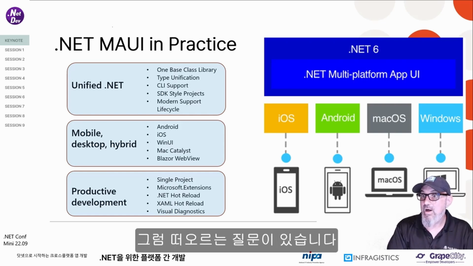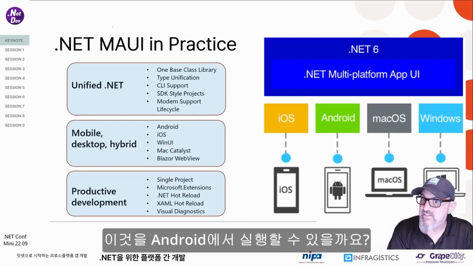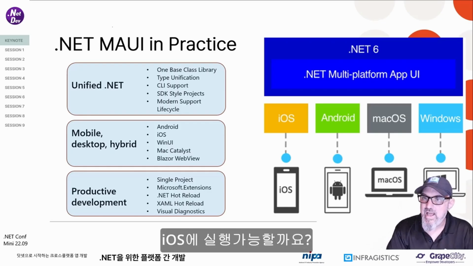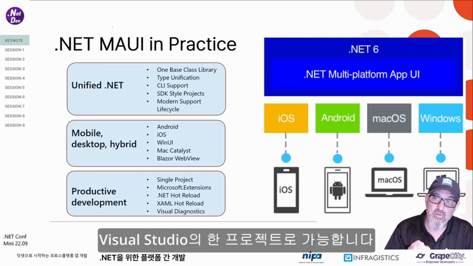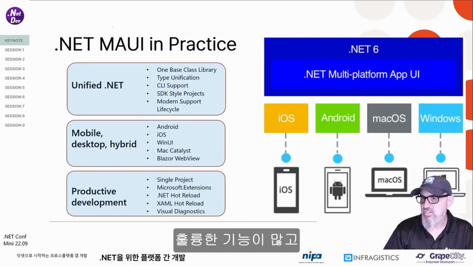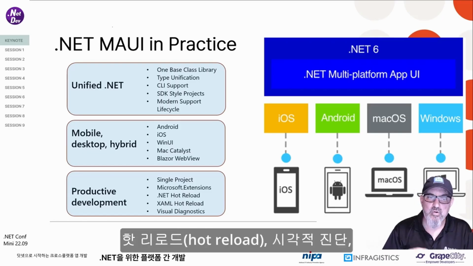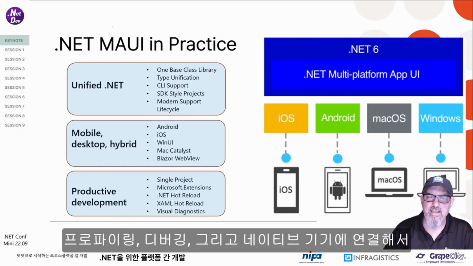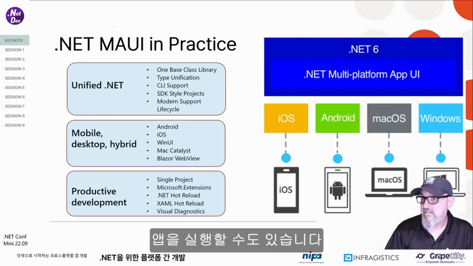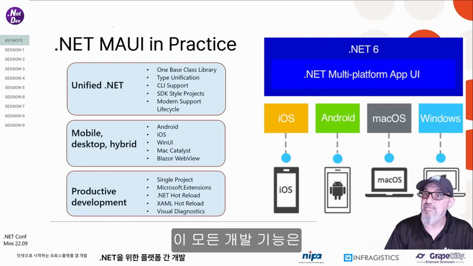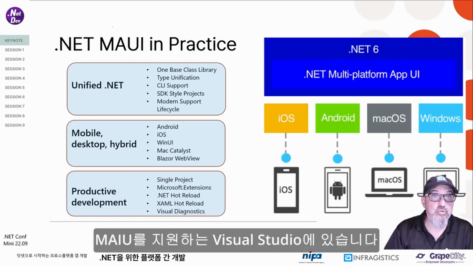So when I think about what matters, it would be, can I run this on Android? Can I run this on iOS? The answer is yes, you can, and you can do that from a single project in Visual Studio. And of course, you have nice features just like you would in WPF or Blazor with hot reload, visual diagnostics, profiling, debugging, connecting to native devices to run the application natively for debugging, etc. All of these great development features are available through Visual Studio with MAUI support.